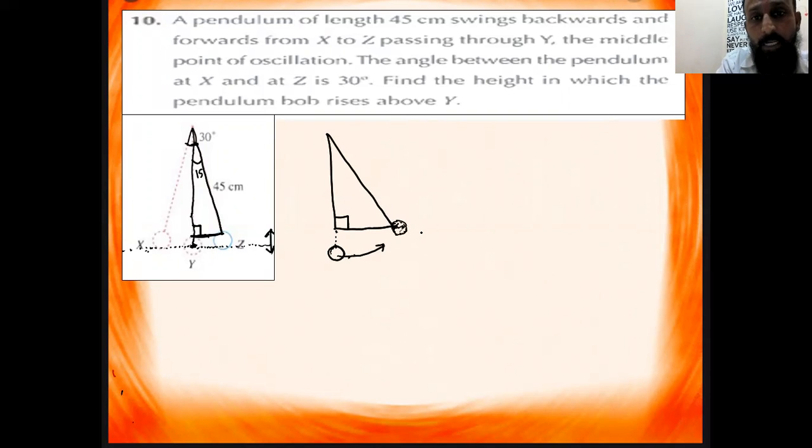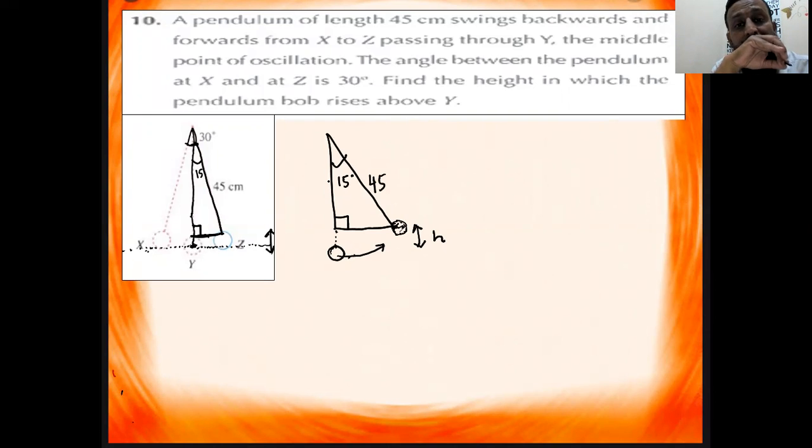Now, this much height has been raised upward. They're asking you to calculate this height. Okay, now this angle is 15 degrees. This length is 45. Now, what about this length, boys and girls?